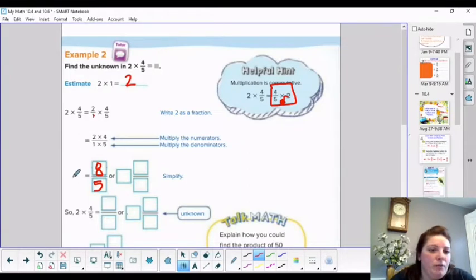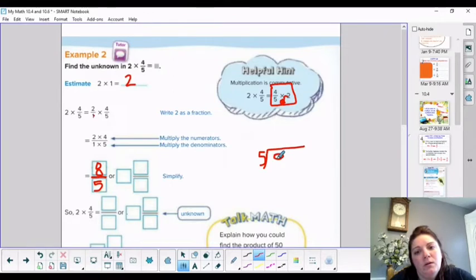I know this can be tricky for a lot of people. Think of this as 8 divided by 5. So you could set it up as a long division problem. How many 5s come out of 8? 1. 1 times 5 is 5. Subtract. You have 3 left over.